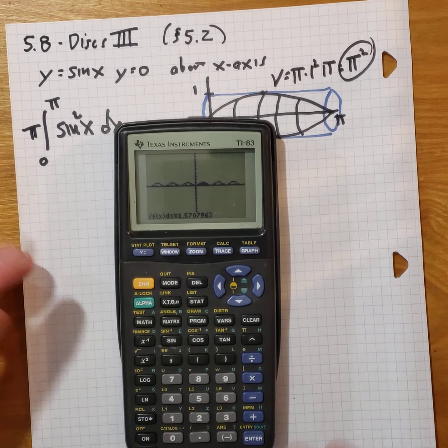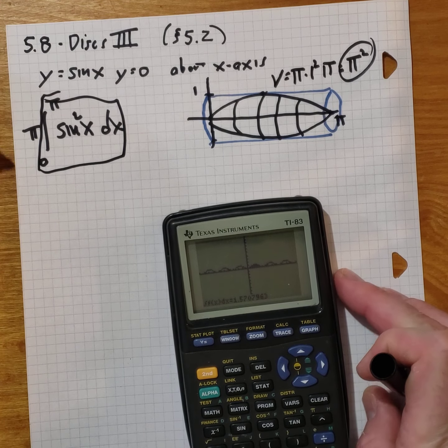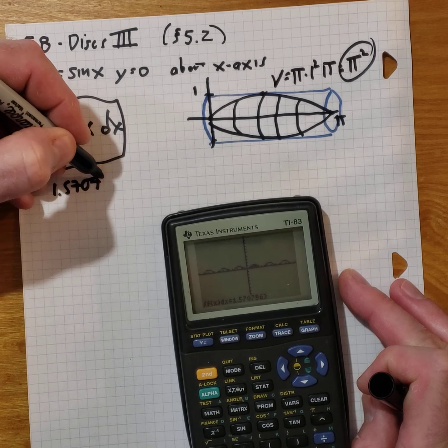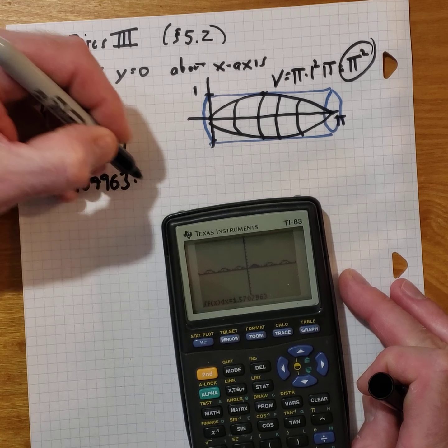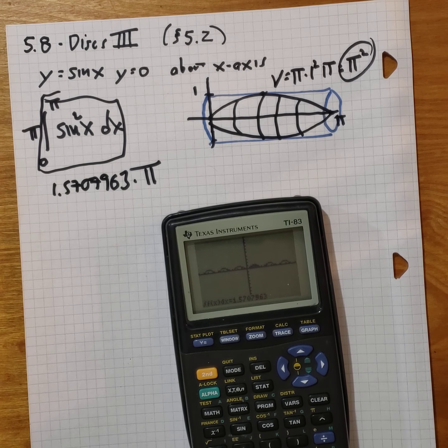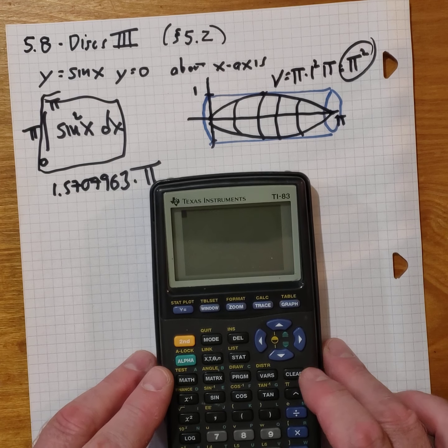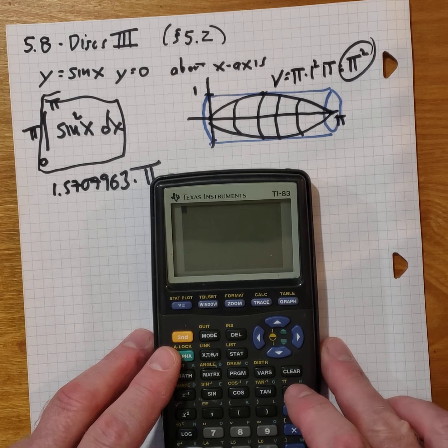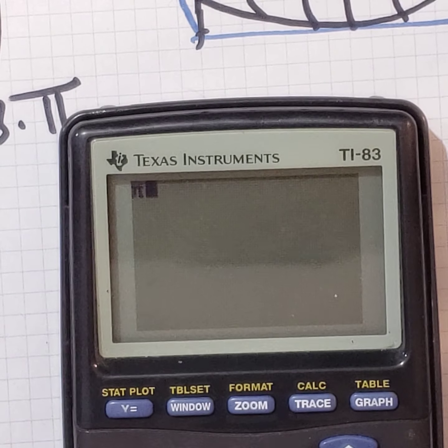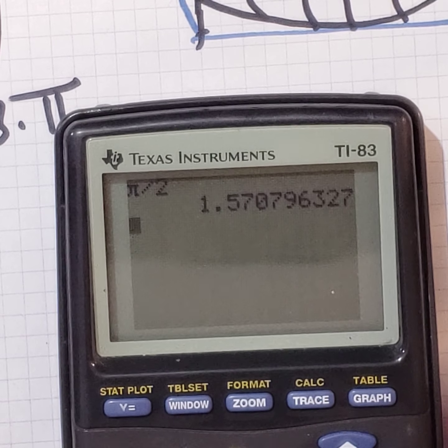So we've got ourselves a decimal approximation here for this part. So what we end up with is 1.5707963 times the pi from out in front. And if you recognize that number, that's good. If not, you can just keep it a decimal approximation, but pi divided by 2 is 1.5707963.